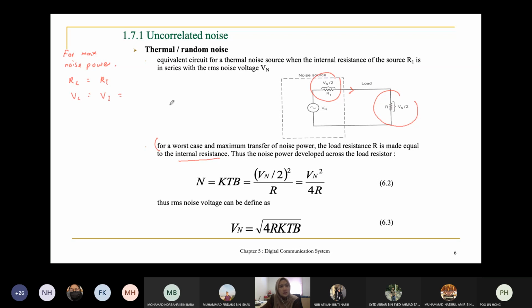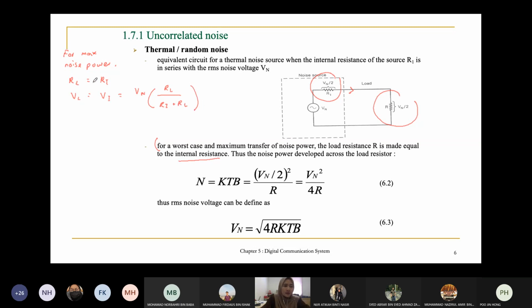Now, how to calculate for the VL or the Vi? To calculate for VL, you can use the voltage divider. If you still remember how to calculate VL using the voltage divider, over here you have Vn. VL is equal to Vn times RL divided by Rn plus RL.